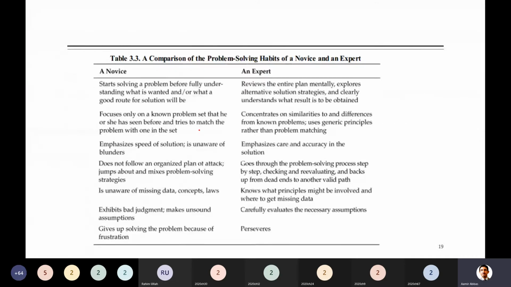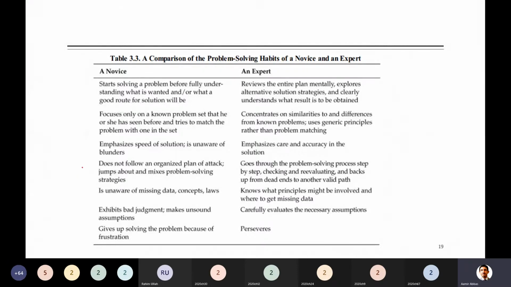Let's move forward. Here is just a quick comparison between the problem solving habits of a novice and an expert. I will tell you a few points quickly, and later on you can read them properly.